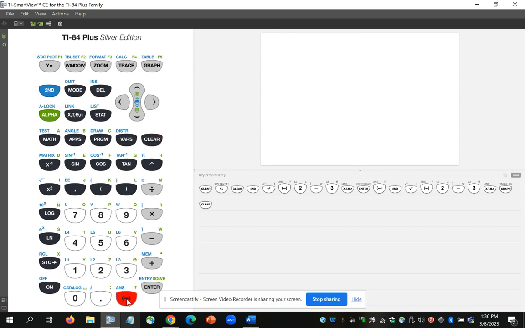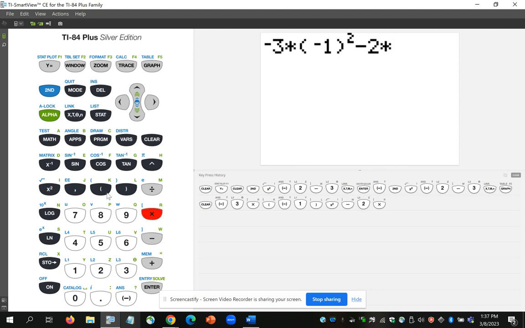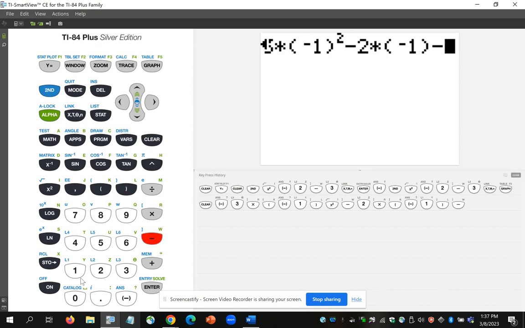I would type -3 times, and I need to put parentheses around the -1 so that the calculator knows the negative goes with the 1, square it, minus 2 times, I'm just going ahead and put parentheses around my -1 again, minus 1.